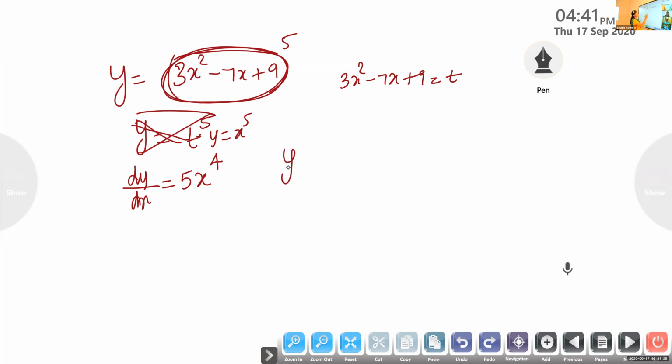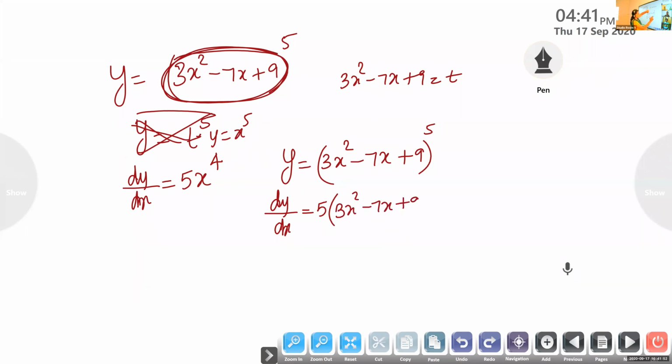Now, here the question is y is 3x square minus 7x plus 9 whole raised to 5. So, what will be dy by dx? What is the derivative of x raised to 5? 5 into, in the place of x, we have 3x squared minus 7x plus 9 whole raised to 4, into, now what is in the place of x?